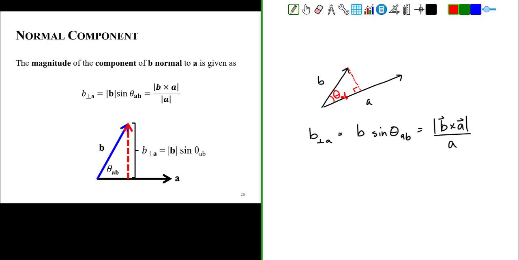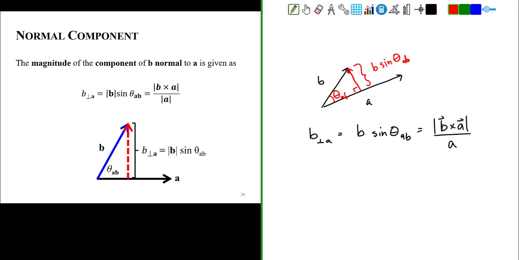Now that right triangle has a leg that is, from trigonometry, given as the magnitude of the hypotenuse of the right triangle, which in this case is vector B, times the sine of the angle between vector B and the axis on which vector A lies.